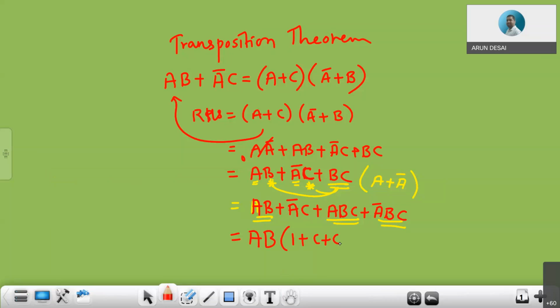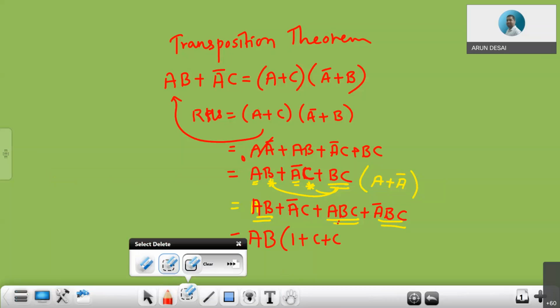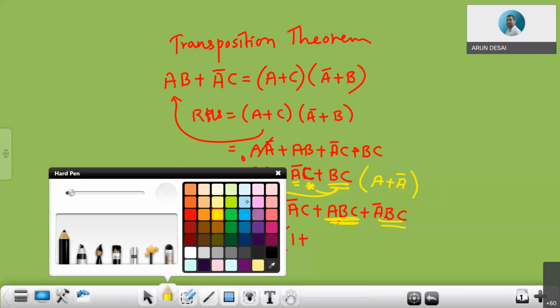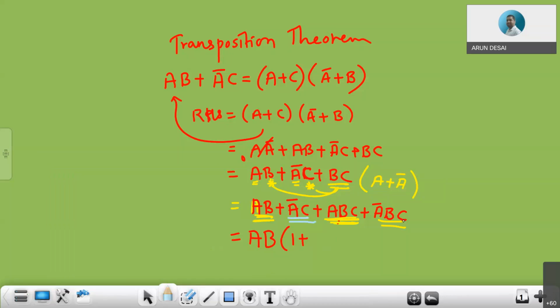Sorry. AB is common in this term, and A complement C is common in this term, right?